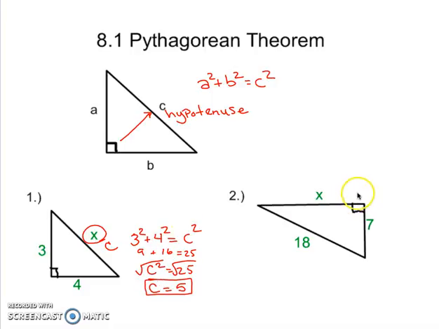Let's try another example. The side across from the 90 is 18. That has to be your c. So for this one, we have x squared plus 7 squared equals 18 squared.